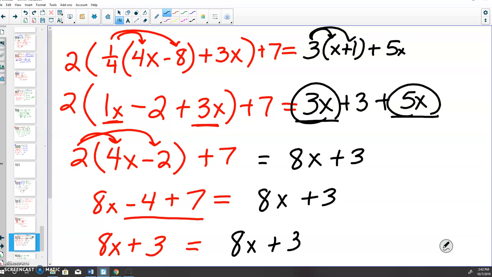So they equal the same, so it would be infinite solution, which means x can be anything. If x is 100, 8 times 100 plus 3 is the same as 8 times 100 plus 3, right? If x is 5, 8 times 5 plus 3 is the same as 8 times 5 plus 3. So x can be anything as long as it's the same thing here and here.